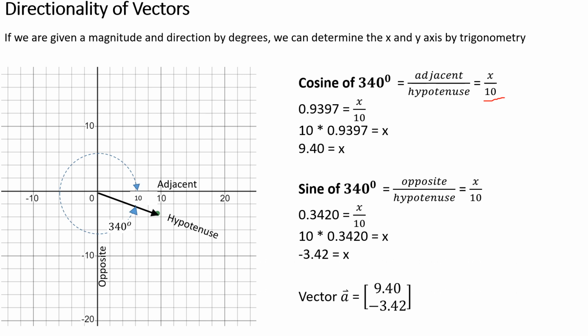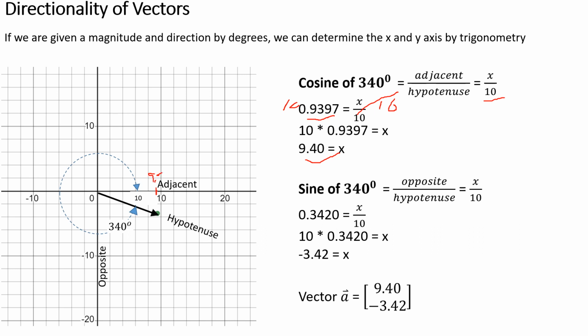Cosine of 340 degrees is 0.9397. Do what I did before. Multiply both sides by 10. The 10 in the denominator cancels out over here. I'm left with x equals 10 times 0.9397, which is 9.4. Here's 10 right there, so this would be 9.4.